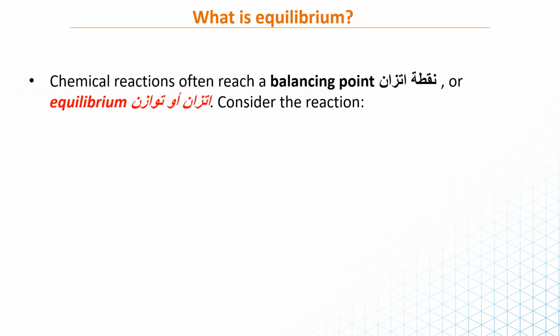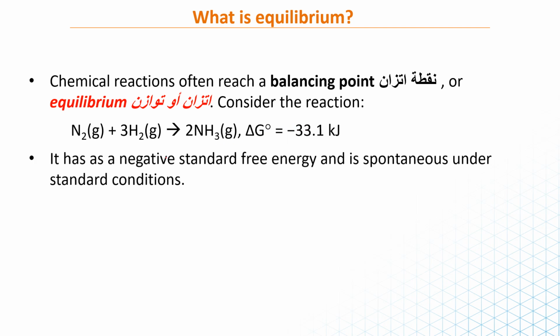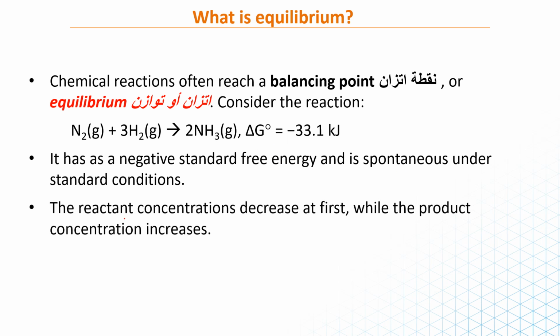So chemical reactions often reach a balancing point or equilibrium. كثير من التفاعلات الكيميائية ما تنتهي أو تخلص, لا, توصل لنقطة توازن أو equilibrium point. Let's have a look at this reaction, guys. N2 plus 3H2 gives me NH3, and the delta G is minus 33. Of course, it has a negative delta G, so it's spontaneous. The reactant concentrations decrease at first.